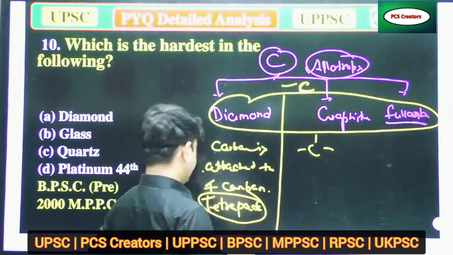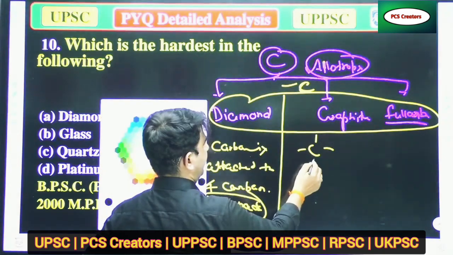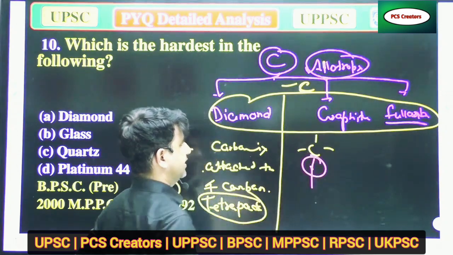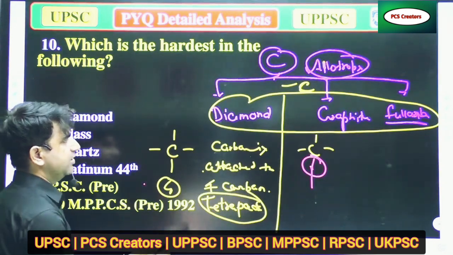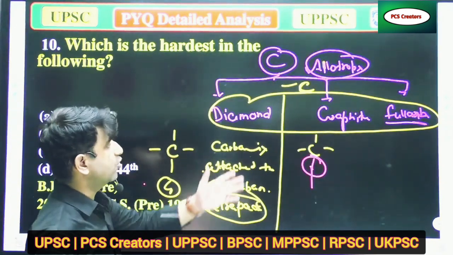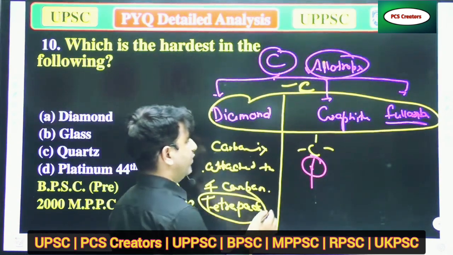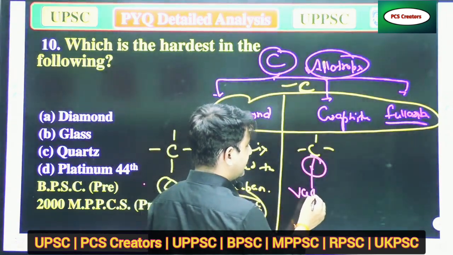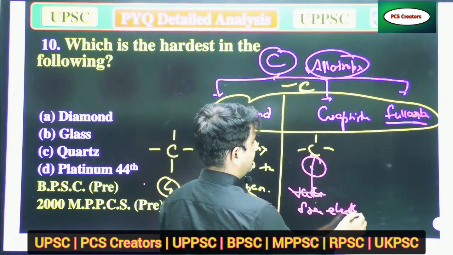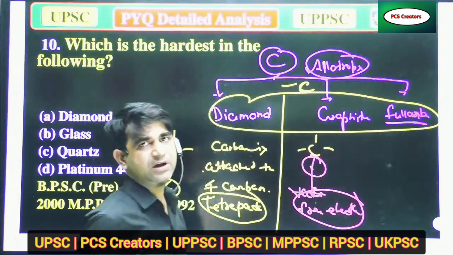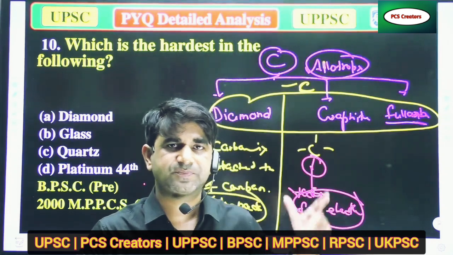In graphite one valency is vacant, so the carbon shares electrons with only three other carbons and has a free electron. That is why graphite is not as hard as diamond.